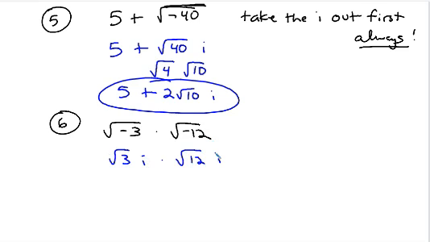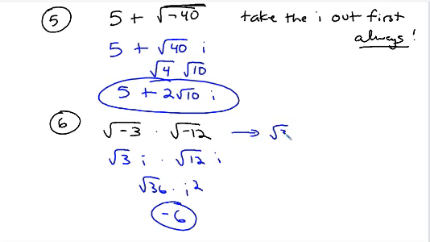So now I have the square root of 36 times i squared. And we know that the square root of 36 is 6, but we also know that i squared is negative 1. So my answer here is negative 6. See, if you would have just multiplied underneath here and said this was the square root of 36, you would have said the answer is 6, and that's wrong. Okay, you have to take the i out first. And we will stop there for today.